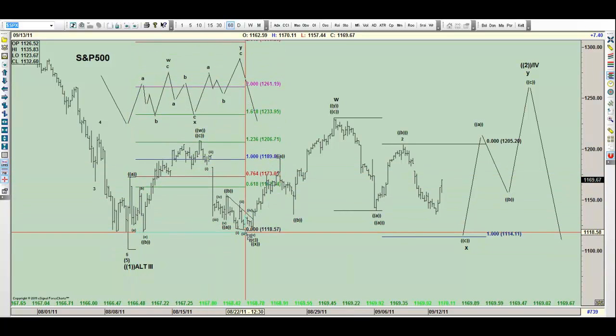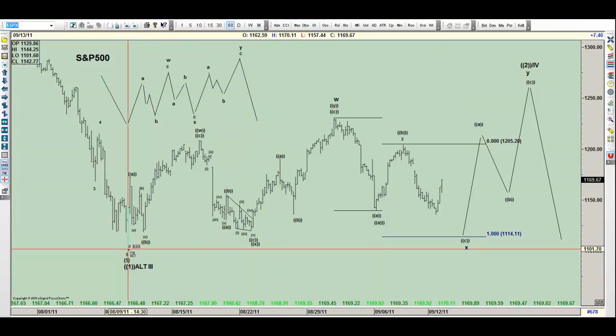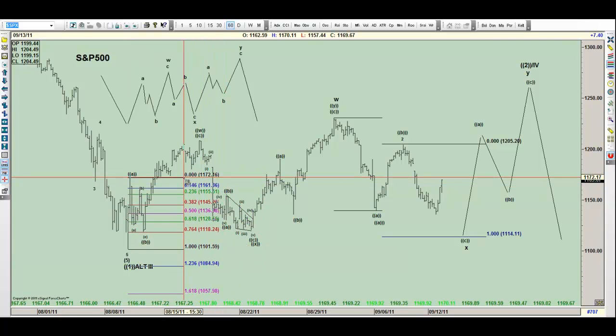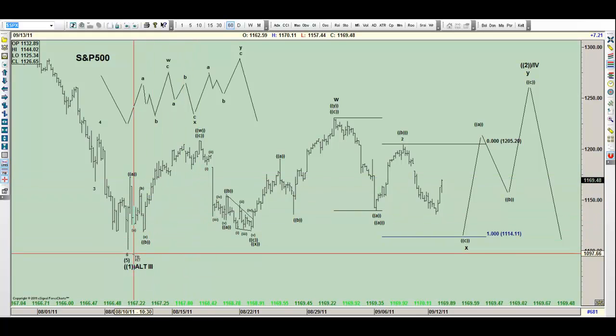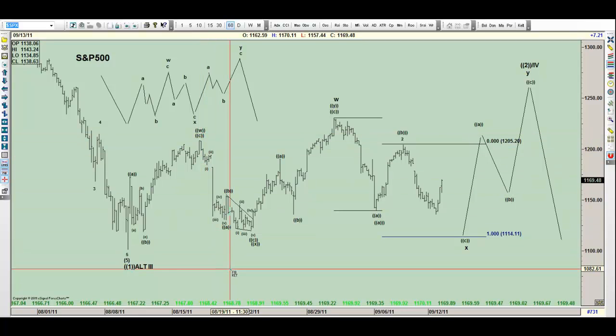We got 1.236 as the distance of W, and then we have that B ended at the 76.4% of A. Perfect.